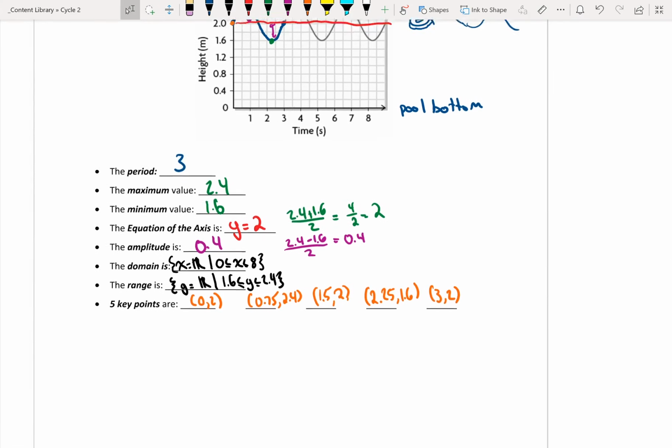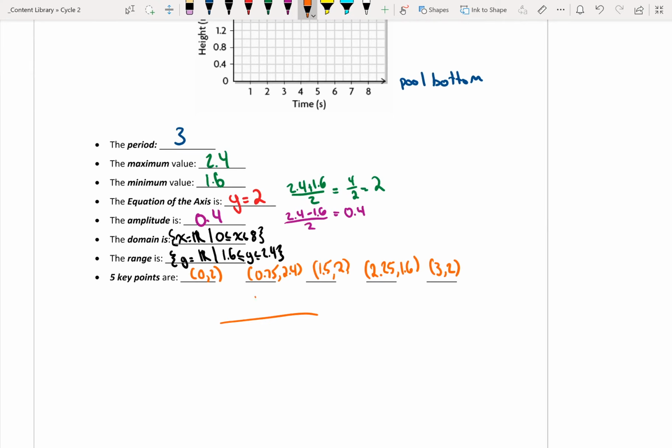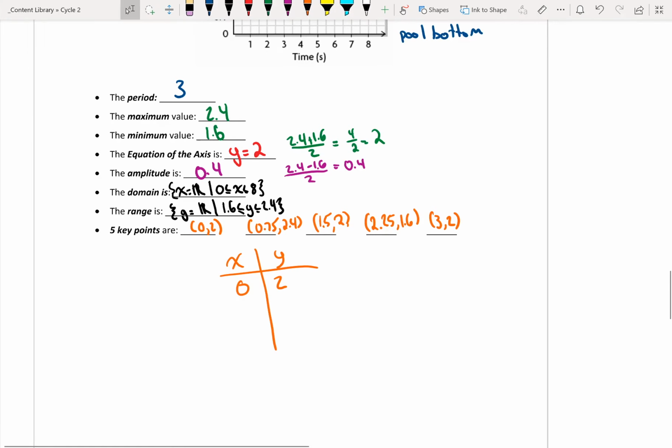So where I got those numbers from, if I were to draw a table of values, x and y, I know I have 0 and 2 first, and then I got to make my way down to 3 and 2. If I know in the middle, 1.5, it does come back to 2, then halfway in between each of these is 2.25, and then this is 1.6, and 0.75, and 2.4.